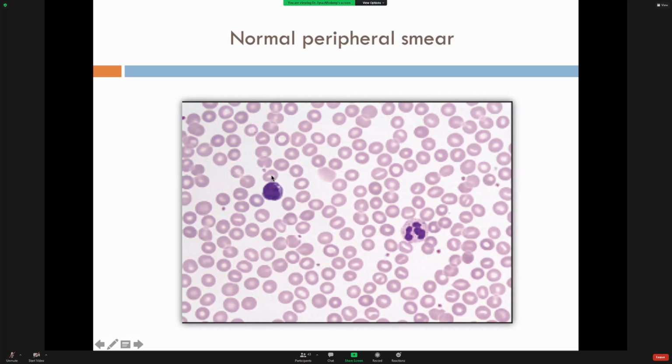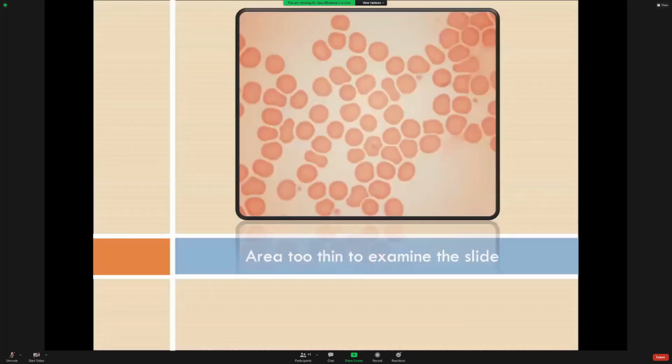This is called stomatocytes. Sometimes these signs, if you see them, look like lips. It's called stomatocytes. Maybe we will cross over it later. Area to examine. This is how the slide looks when you put it under the microscope to see a thin area. It looks like a wider space between the red blood cells and it is difficult to estimate the red blood cells.